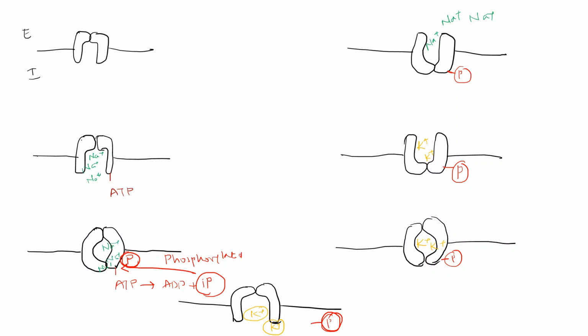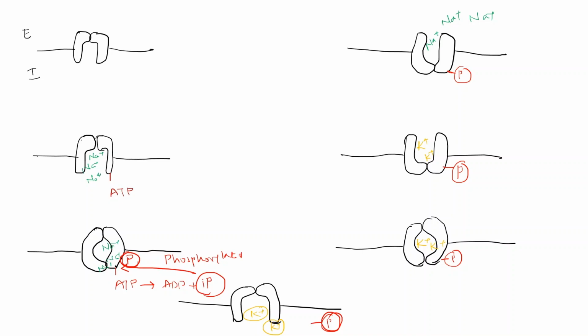Now the phosphorylated pump has another conformation: the mouth opens on the outside, and the phosphorylated pump has less affinity for sodium, so sodium ions are released. But the phosphorylated pump has high affinity for potassium, so potassium will now come and bind to its specific binding site.